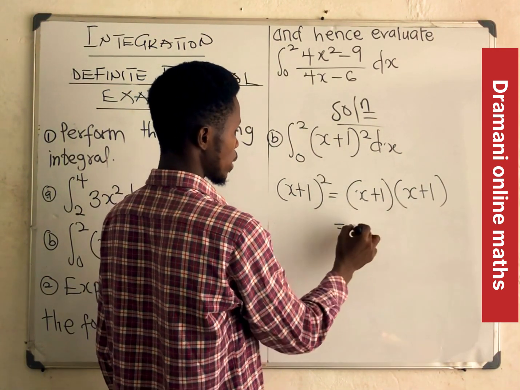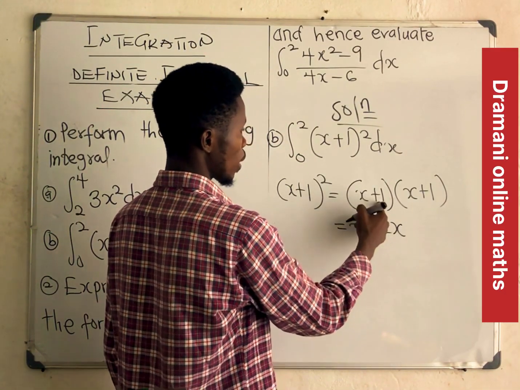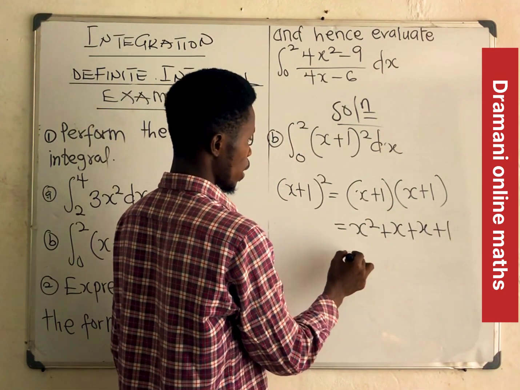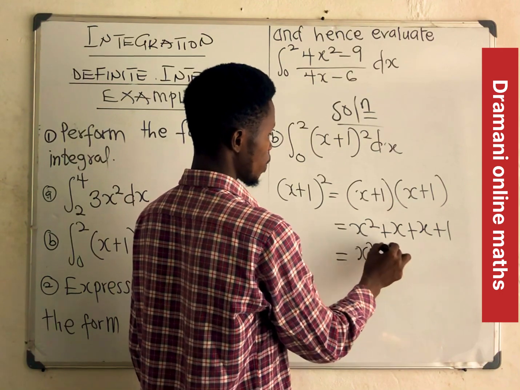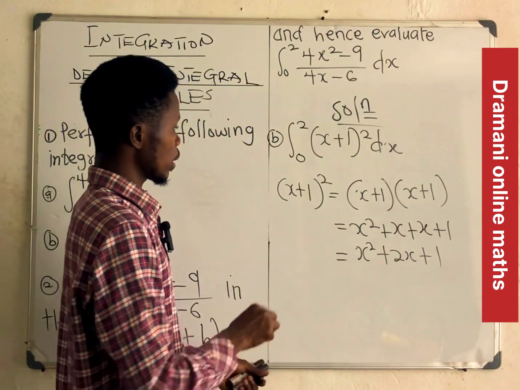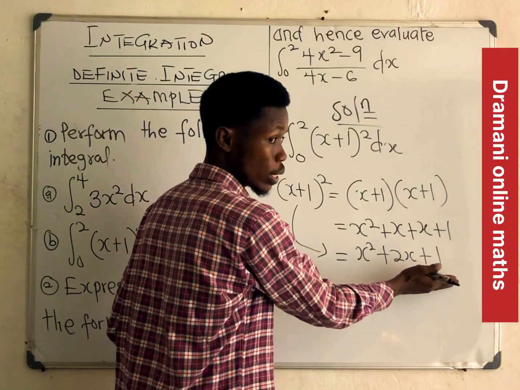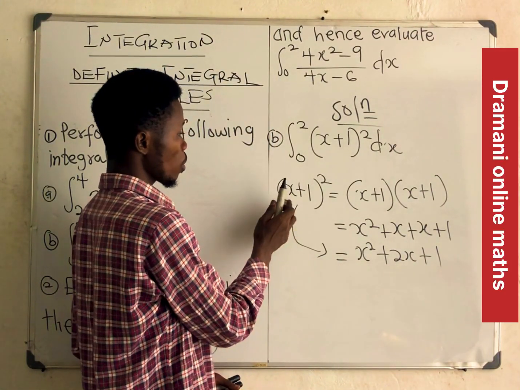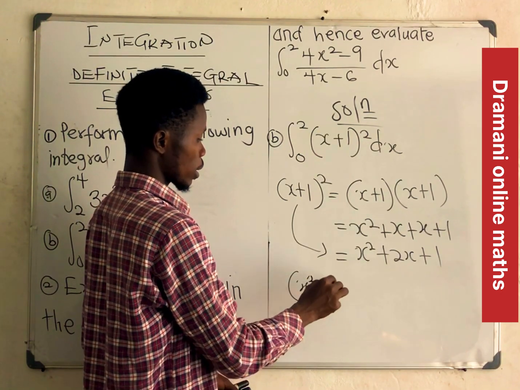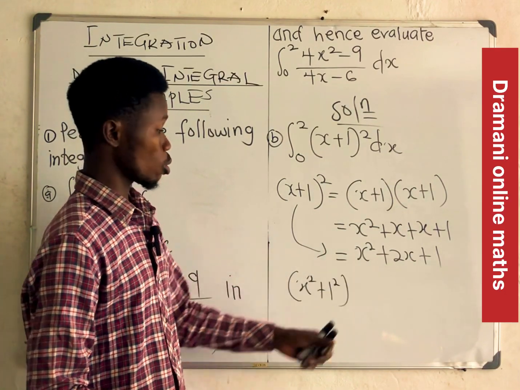So x times x is x squared. x times 1 is x. 1 times x is x. 1 times 1 is 1. So we have x squared plus 2x plus 1. Meaning x plus 1 all squared will give us this. Please avoid some of you, when you have x plus 1 squared, writing it as x squared plus 1 squared. Please, this is not the same as that. You should avoid doing that.